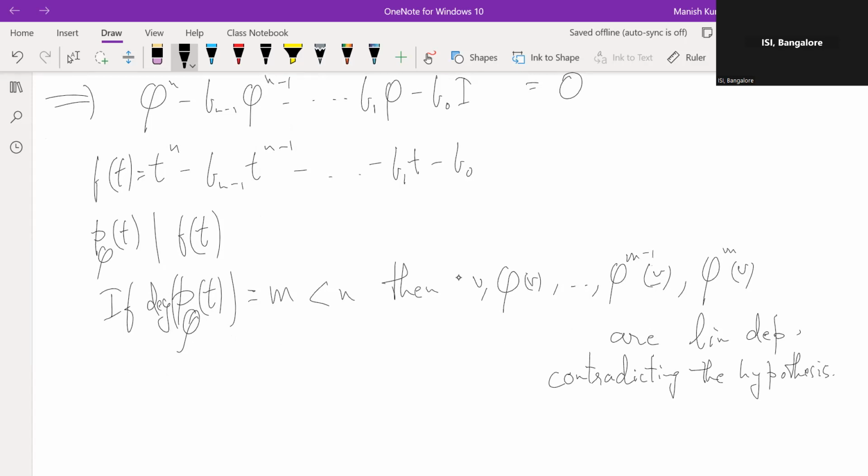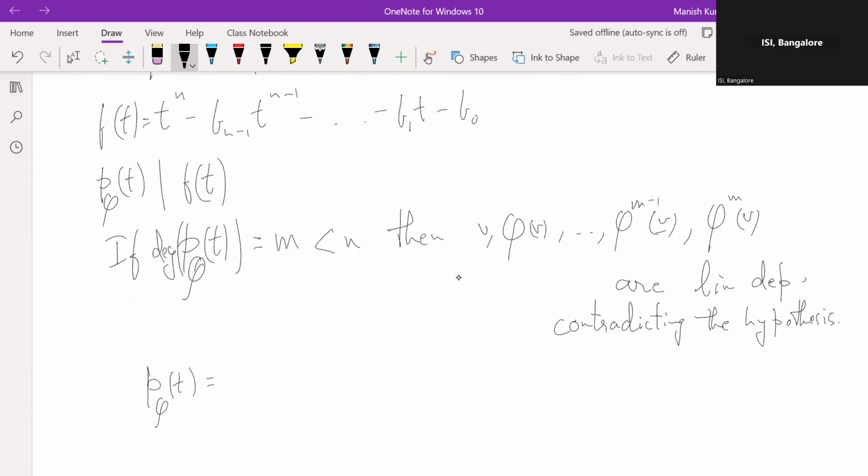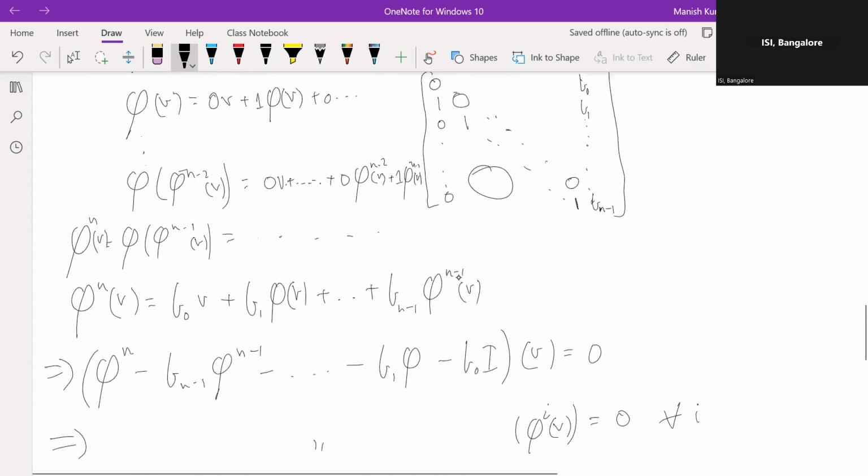Okay. So that tells you that the degree of p_phi(t) is n, and hence the characteristic polynomial, it has to be the same, is of degree n as well, and hence they are the same. Yeah. So this is a special condition.